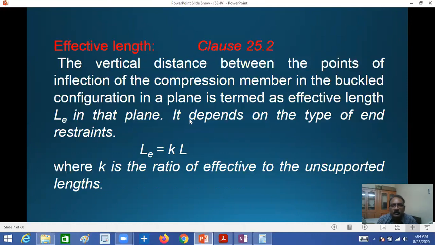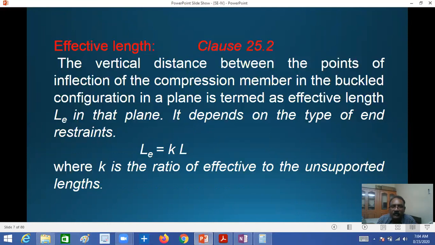The vertical distance between the points of inflection of the compression member in the buckled configuration in a plane is termed as effective length. That is, without buckling, it should not fail. I will show that figure.